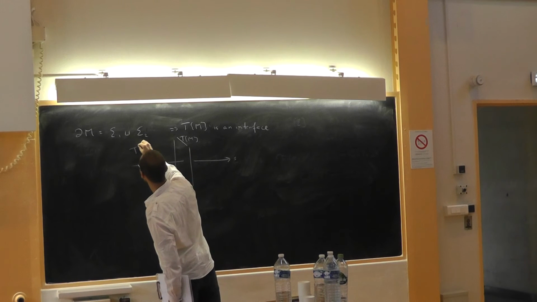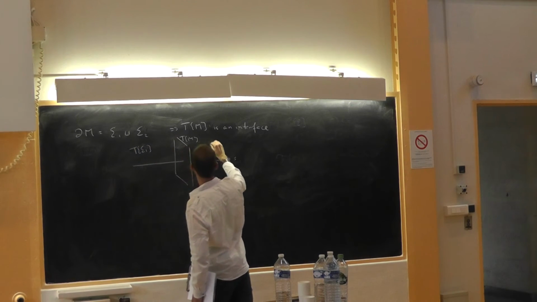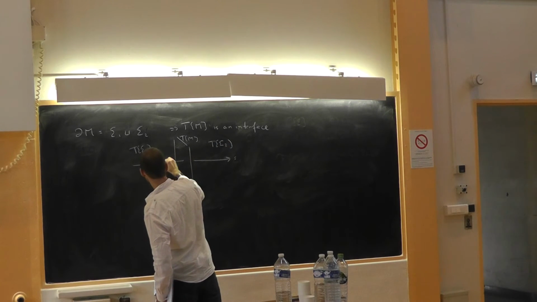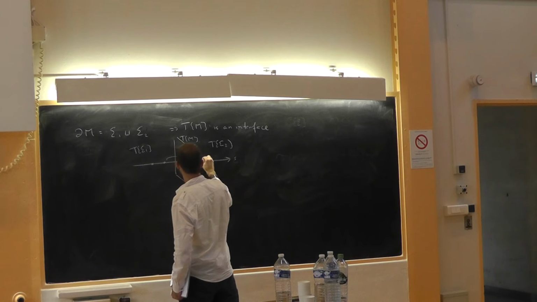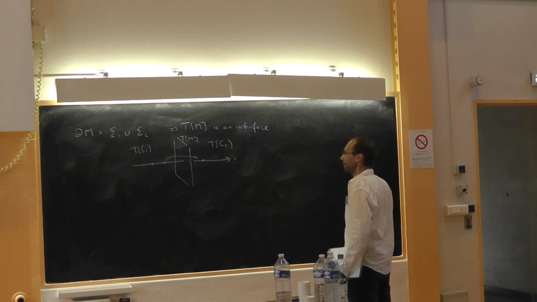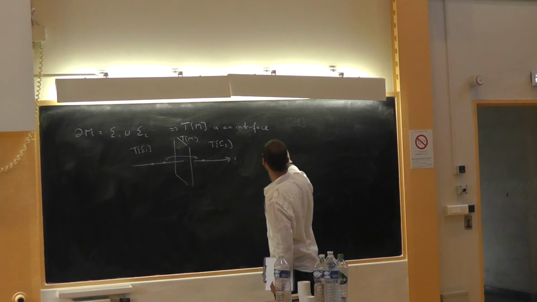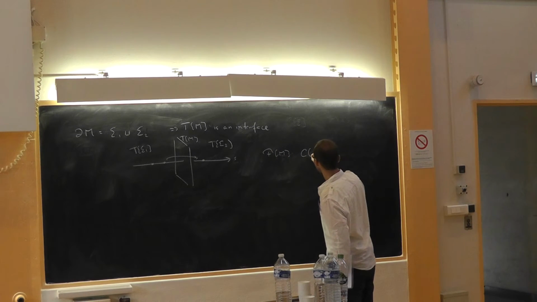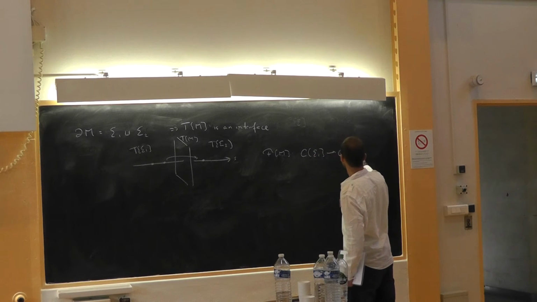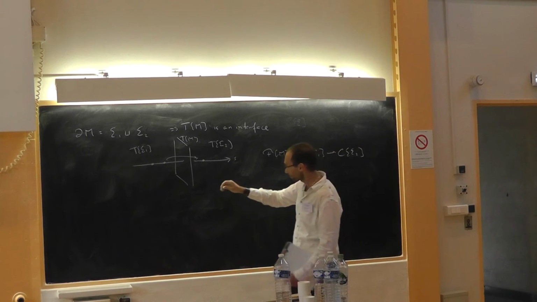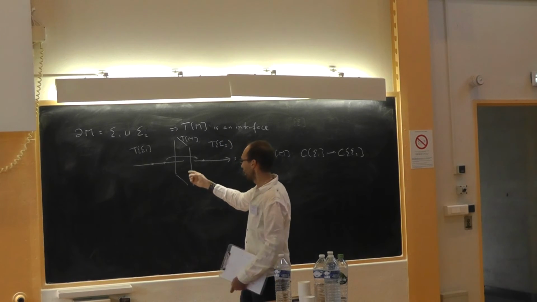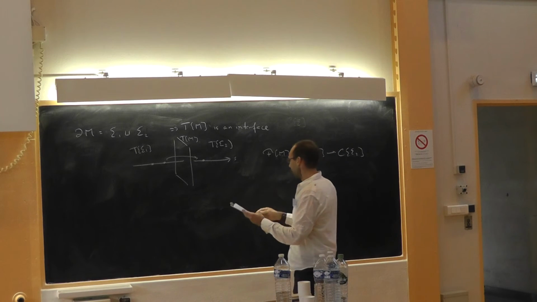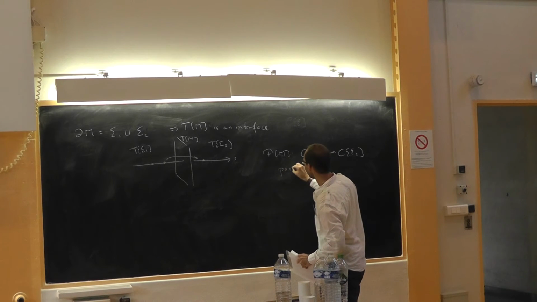It separates T of sigma 1 from T of sigma 2. The functor that takes us from category C of sigma 1 to C of sigma 2 is, in pictures, pushing line operators through the interface. So this is passing through.